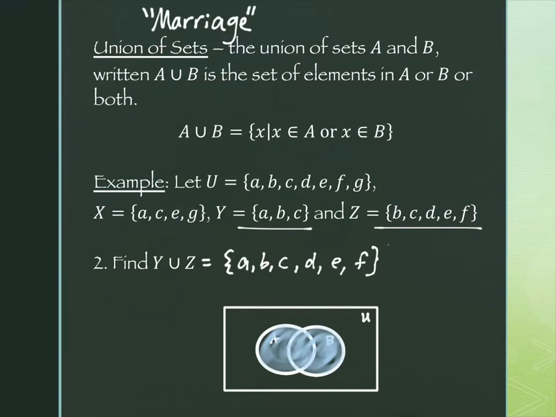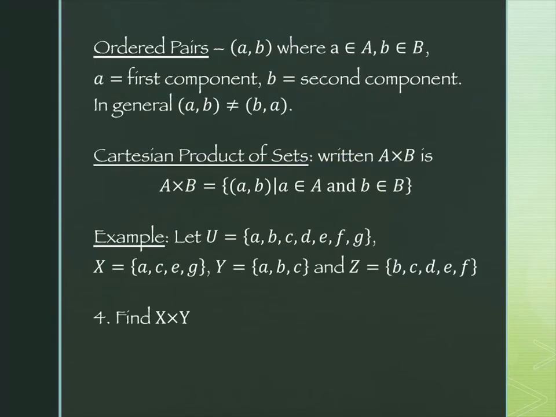Okay, so we're going to have sort of a throwback to algebra for a second here and talk about ordered pairs. Ordered pairs are written in a set of parentheses, a, comma, b, where a is an element of the set A, and the lowercase b is an element of the set B. a is called the first component, b is called the second component.